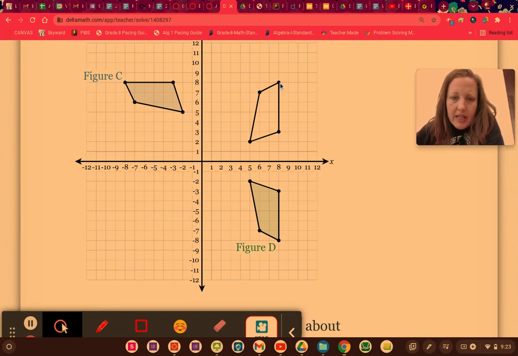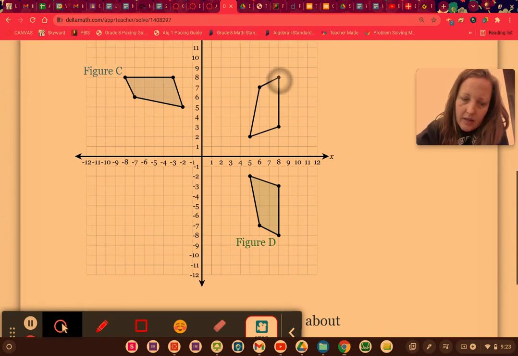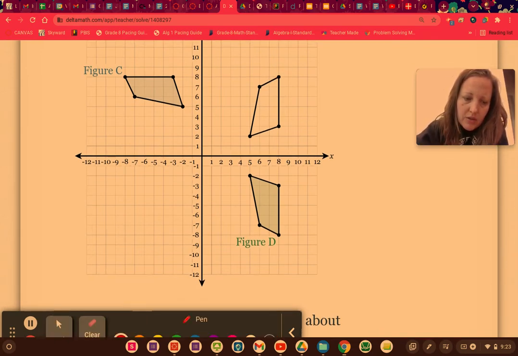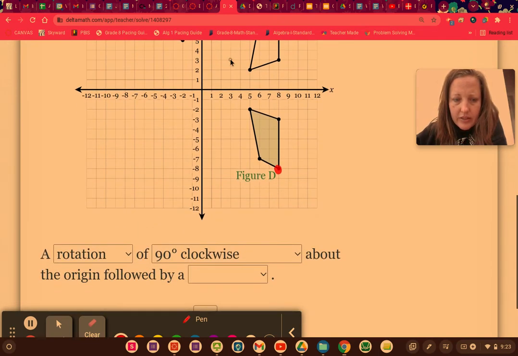Now I want to take this point that we were just looking at right here. Sometimes it's overwhelming to look at the whole thing, so I can just look at a point, and I need it to come right down here. So in order for that to happen, I need to flip it, right? And that's a reflection. So let's clear this.